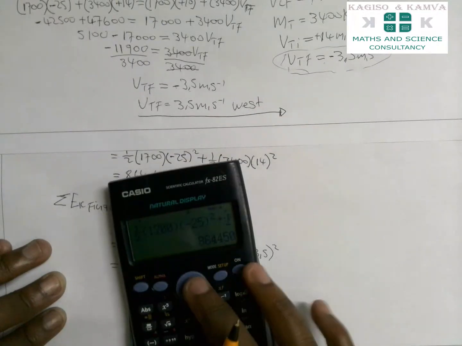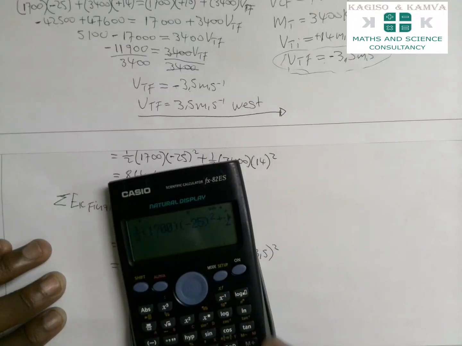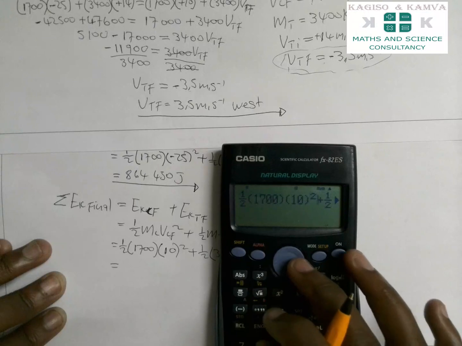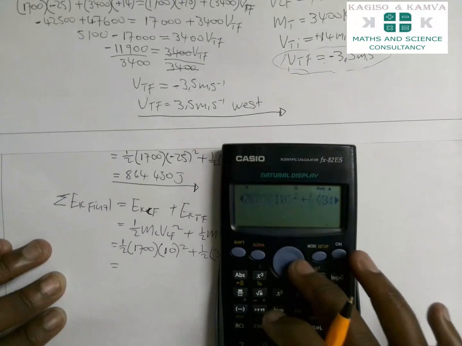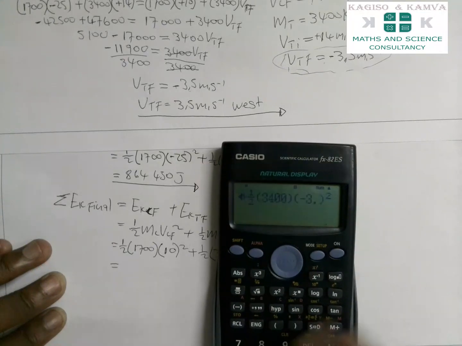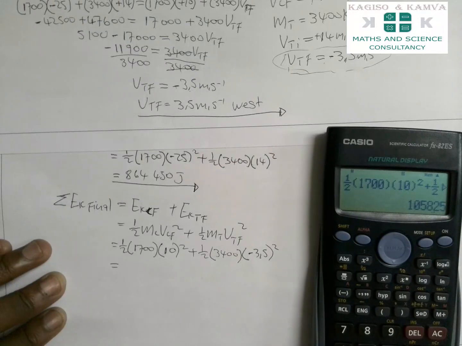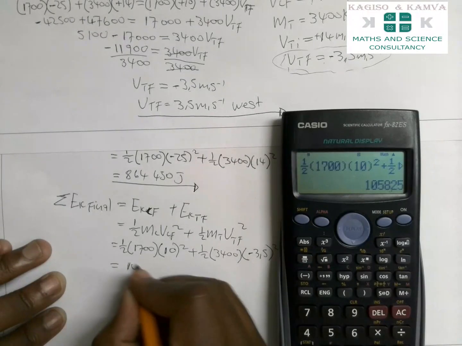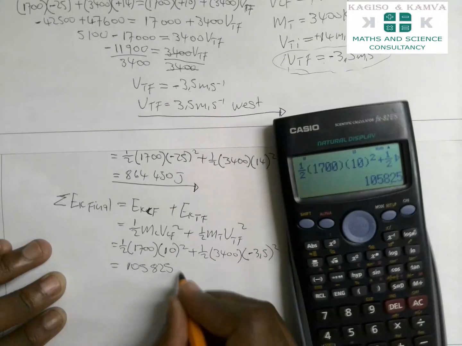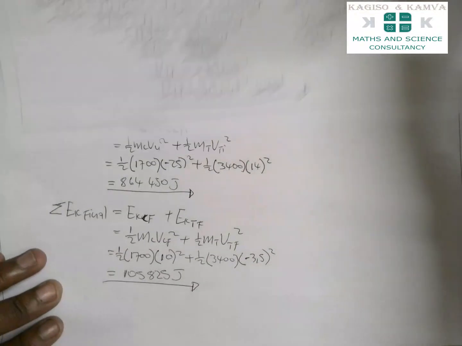We punch all that in the calculator and get 105,825 joules.